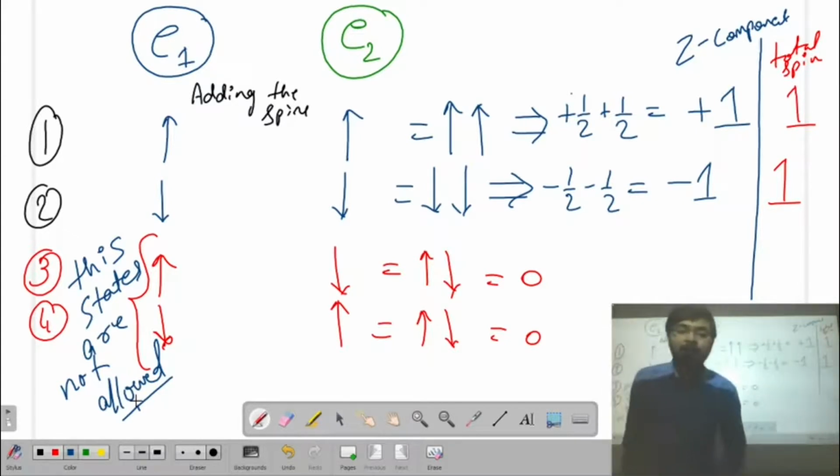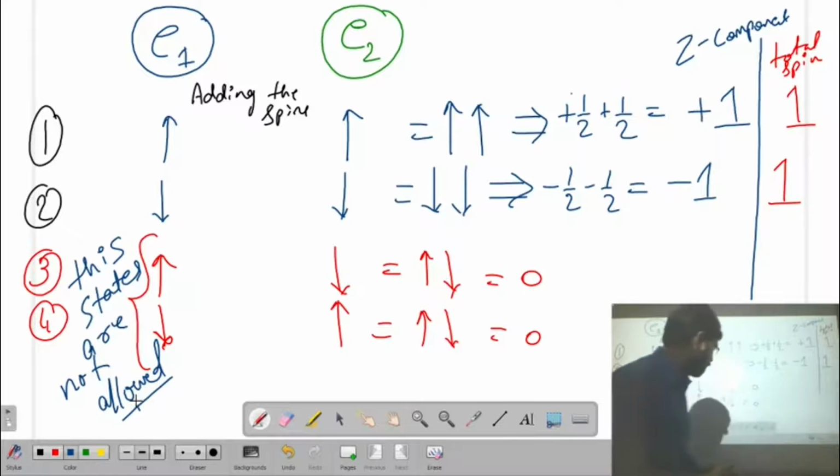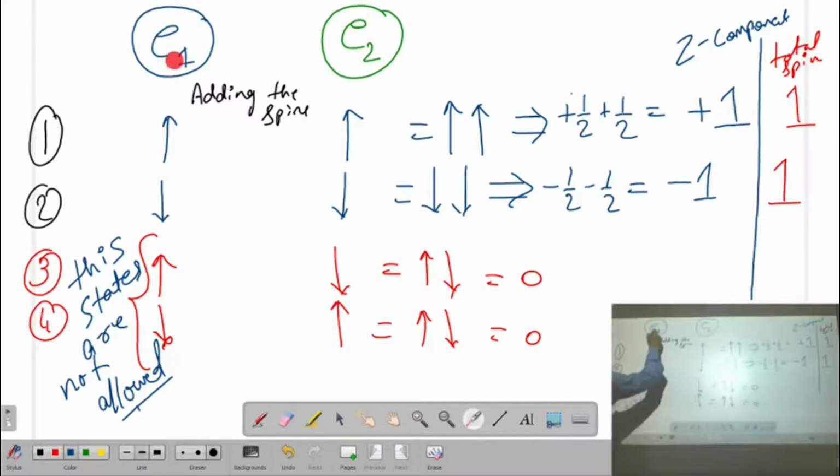Remember the Heisenberg uncertainty principle. If you have a set of 2 electrons, you cannot predict which one will be electron 1 or electron 2. Again, it can interchange. You cannot have a specific particle identification.